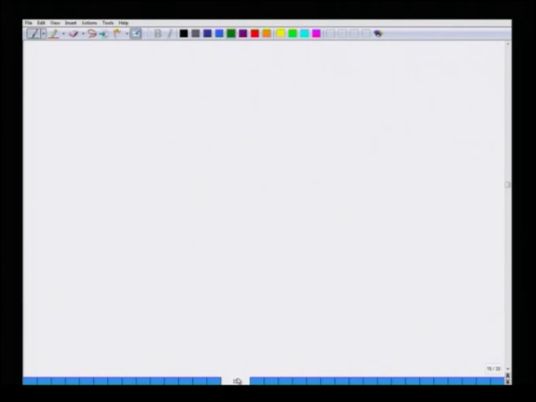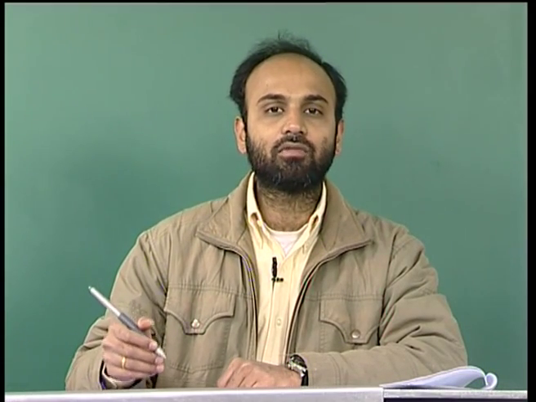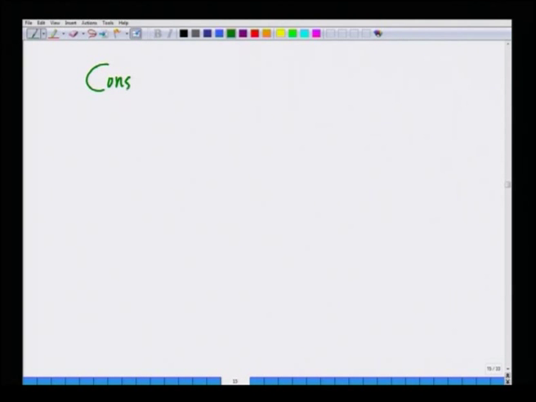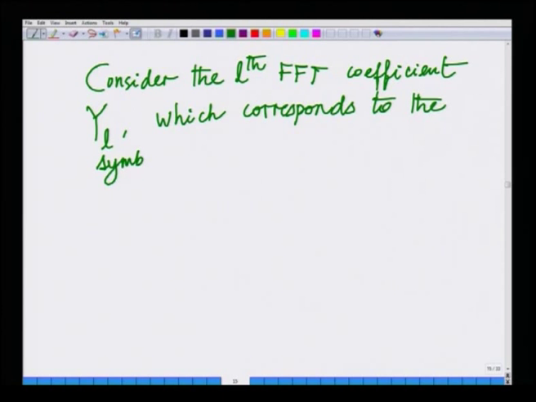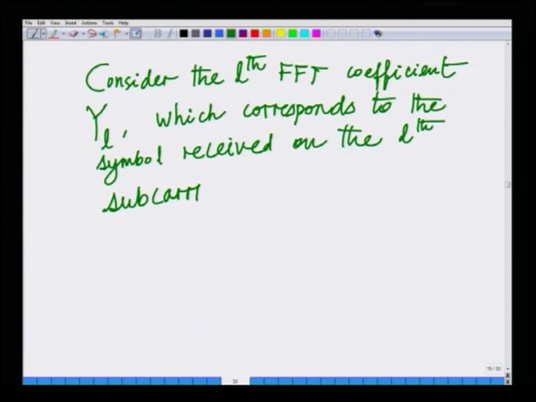After performing the FFT, consider the lth FFT coefficient, capital Y L, which corresponds to the symbol received on the lth subcarrier.